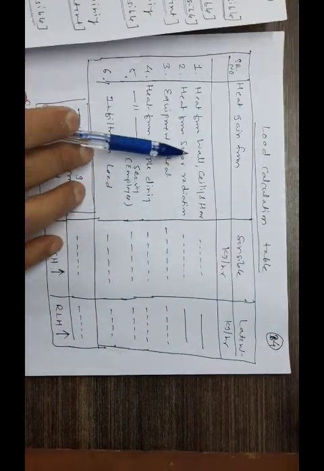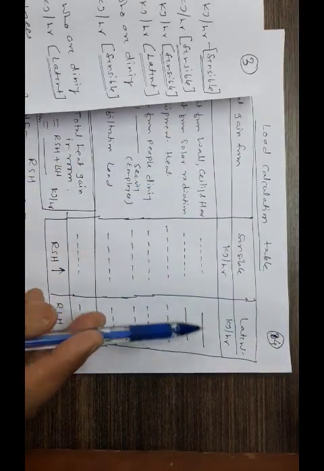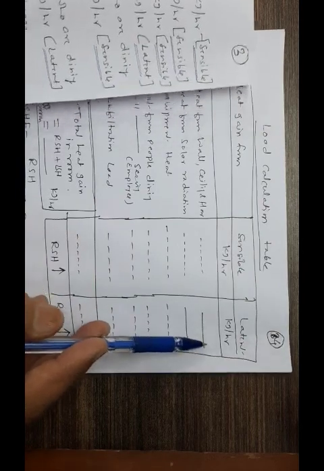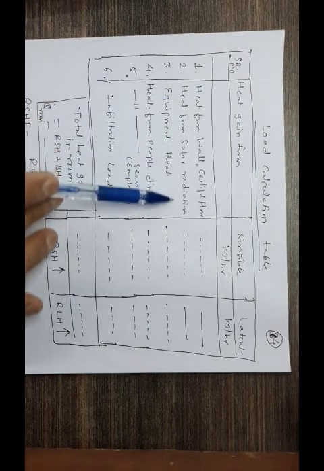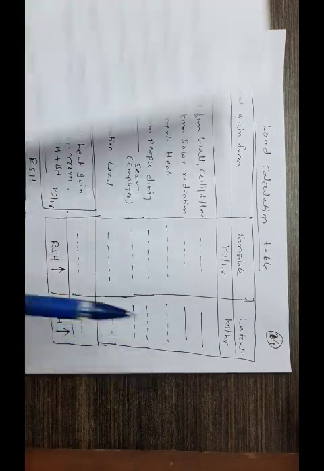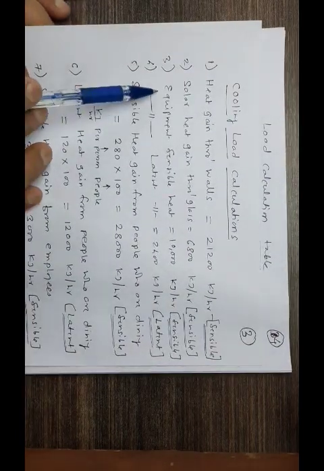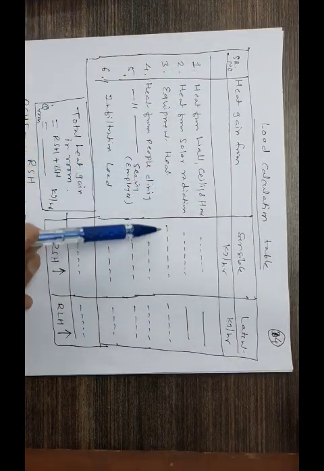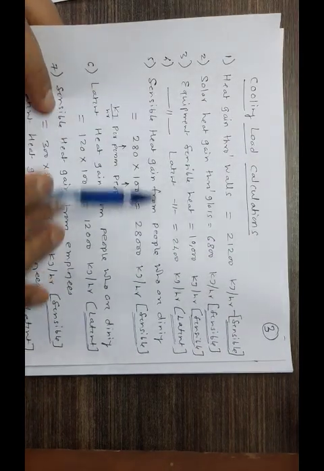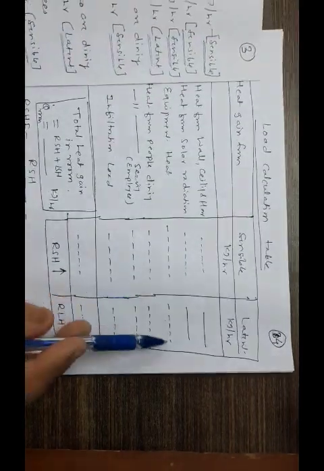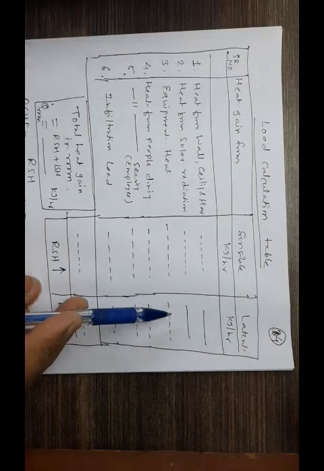This is nil, 0. Second, heat gain through the glass, solar radiation, is sensible, 6,800. Third is equipment heat, sensible 10,000. Is there a latent? Yes, 2,400 is the latent.